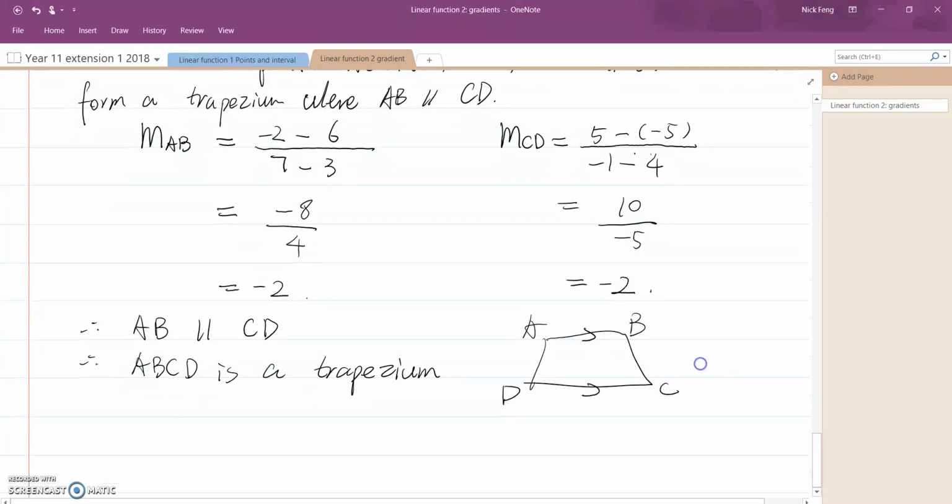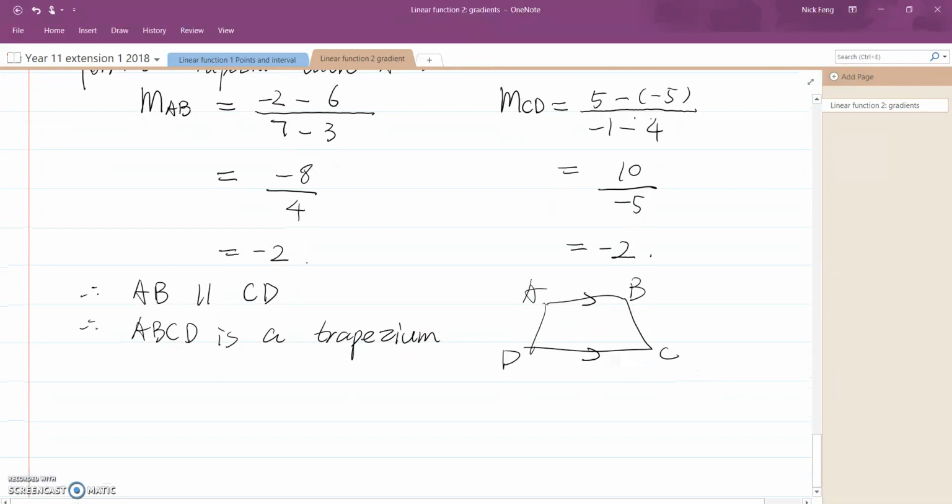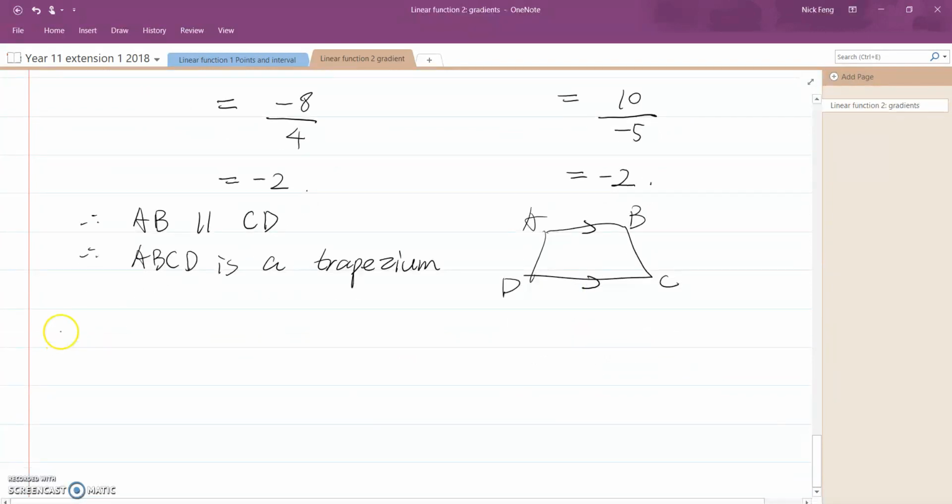Perpendicular on the other hand. Now, example.